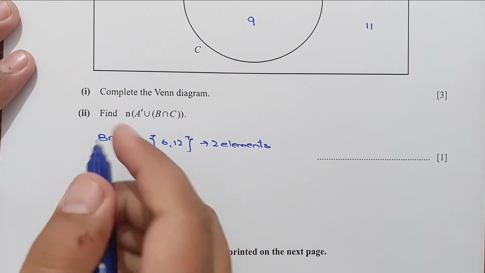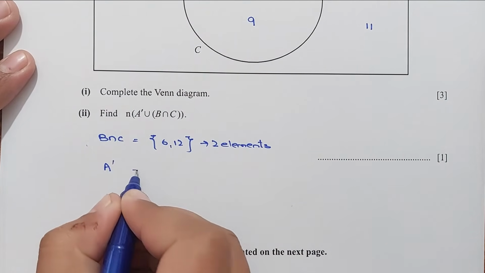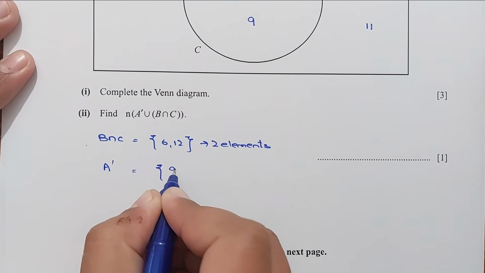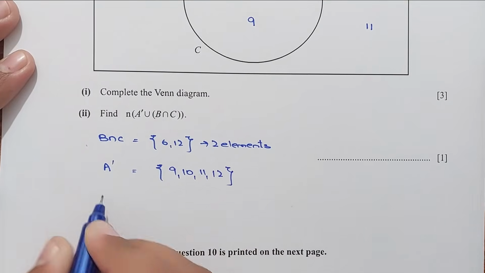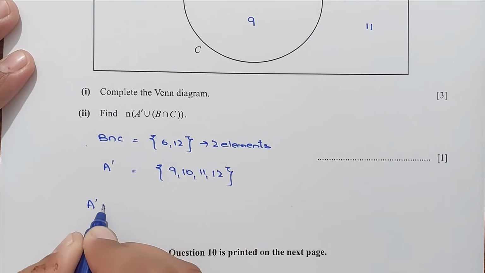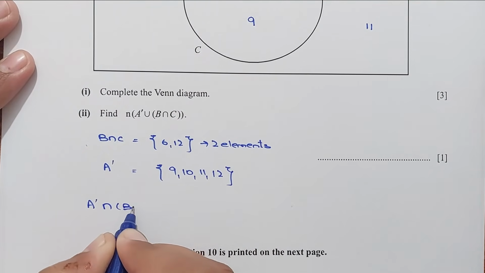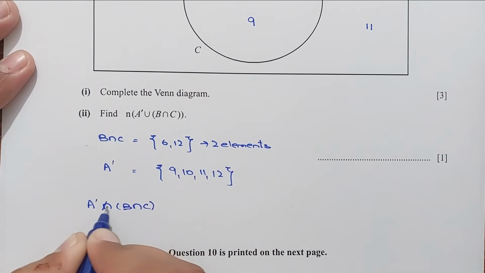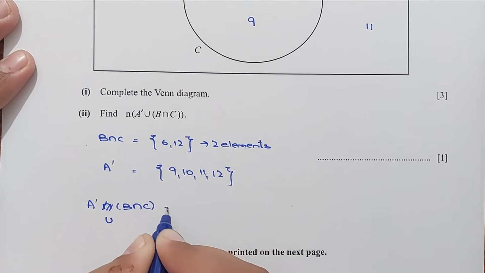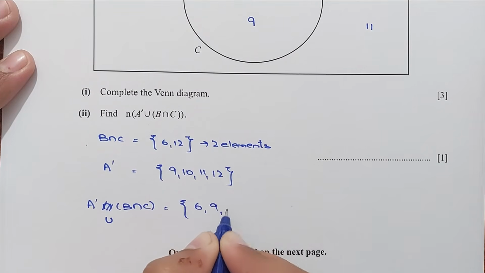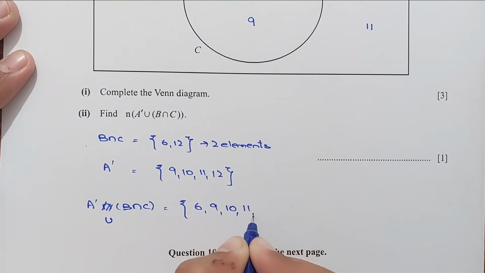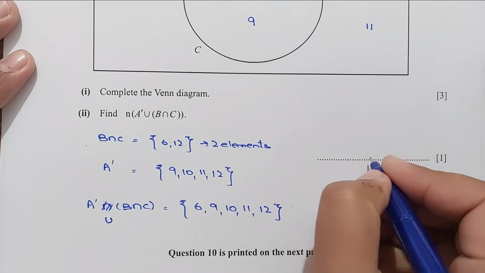A complement is 9, 10, 11, and 12. Now A complement, its union, not intersection, with B intersection C. So its union would be 6, 9, 10, 11, and 12. That is 5 elements.